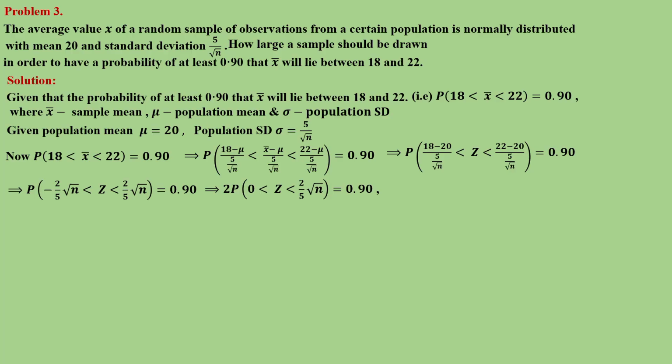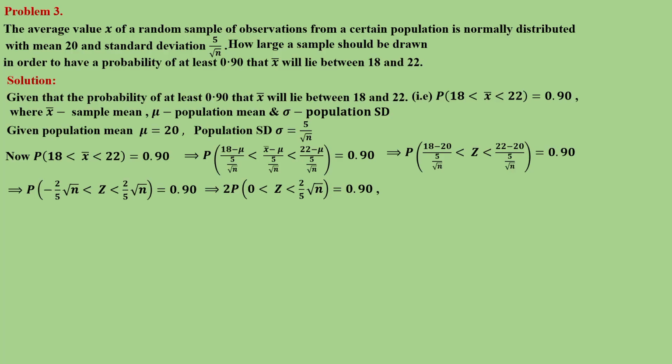The negative area from minus a to 0 is equal to the positive side area from 0 to a, because the normal curve is symmetric about the line z equals 0. Both sides are the same, there is no change in that area.